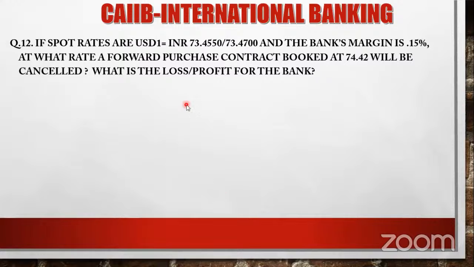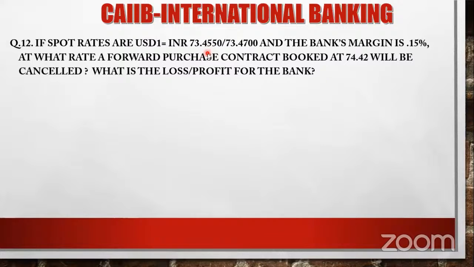Now you see the question. If spot rates are like this and the forward bank margin is 0.15%, at what rate is a forward purchase contract booked? This was the first question in one year. The first question itself was on cancellation of the forward contract.